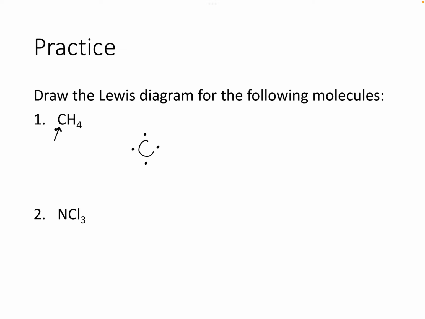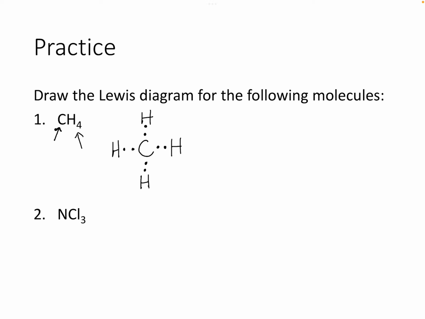So now we can surround the carbon with our 4 hydrogen atoms, and each one has 1 unpaired electron. So that's going to work out perfectly because now we have 4 covalent bonds forming.